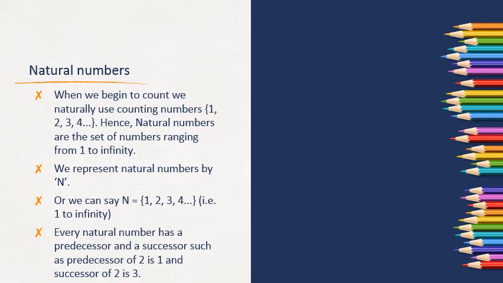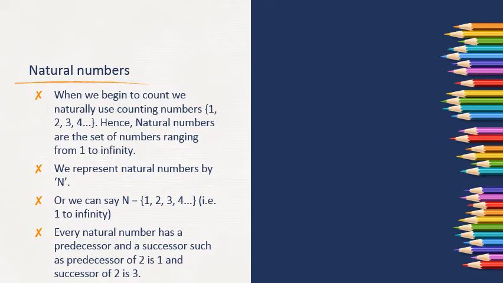Okay, so we can represent our natural numbers with a capital N. So we can say N equals brackets 1, 2, 3, 4, keep on going until infinity, and we close the bracket. So every natural number has a predecessor and a successor.